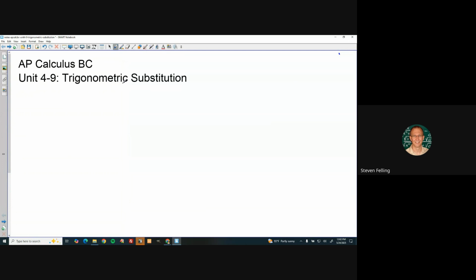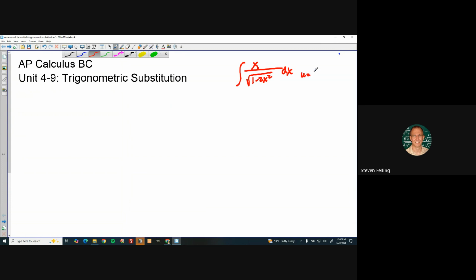I'll give you a quick example where you wouldn't want to use this, but where other techniques would work. Let's say that you had an integral where you had x over the square root of 1 minus 2x squared dx. Right here, this is ready to go for a u substitution, right?